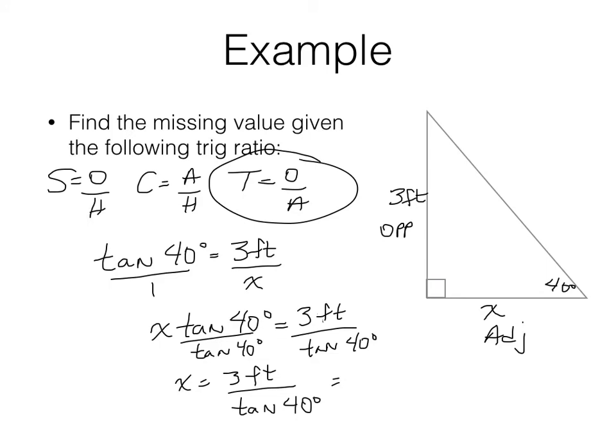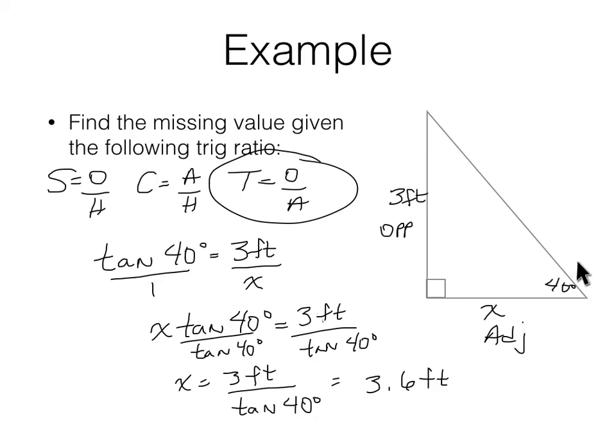So 3 divided by, again using your scientific calculator, that will give us a side length of 3.6 feet.